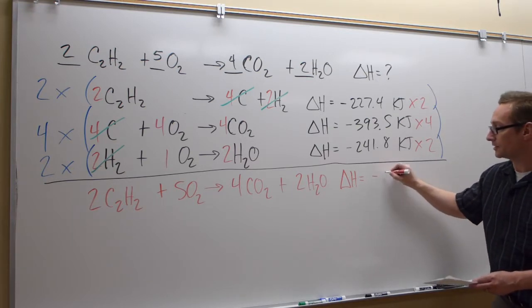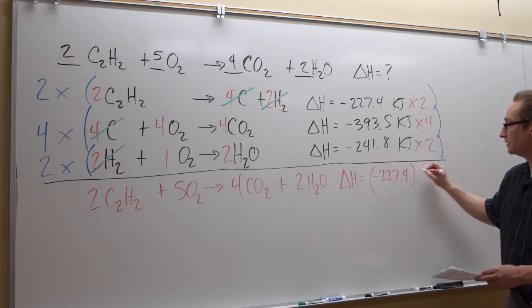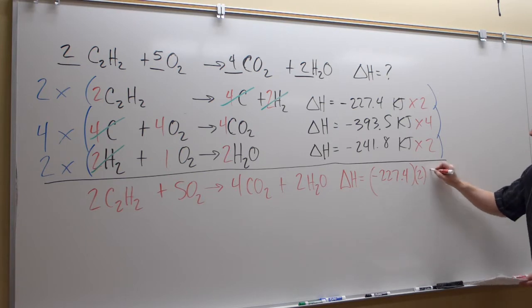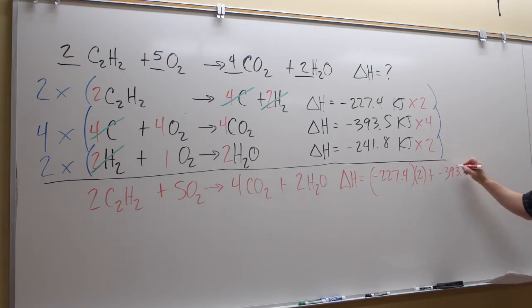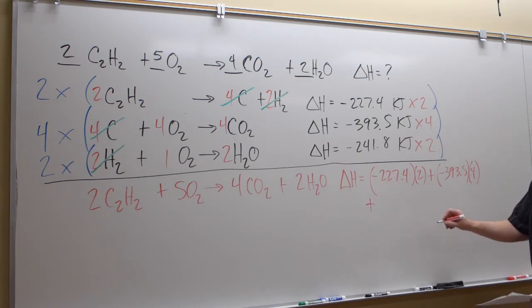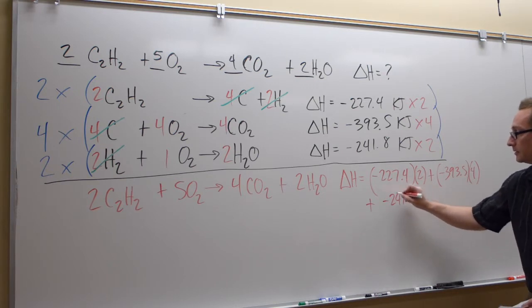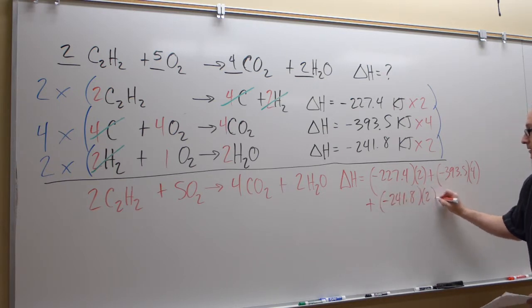So let me write this out. So you got negative 227.4 times 2 plus negative 393.5 times 4 plus another negative 241.8 times 2.